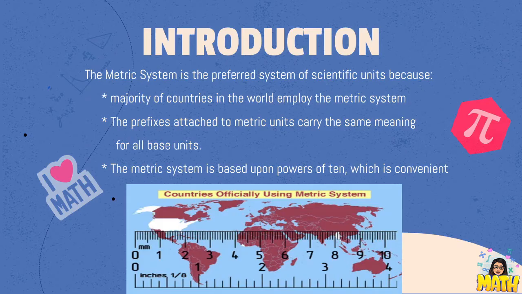This is the preferred system of scientific units because the majority of the countries in the world use this kind of system. The prefixes attached to metric units carry the same meaning for all base units, and the metric system is based upon powers of 10, which is convenient and easy to use and compute.